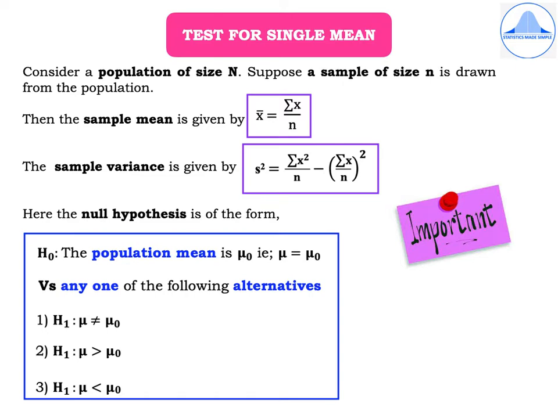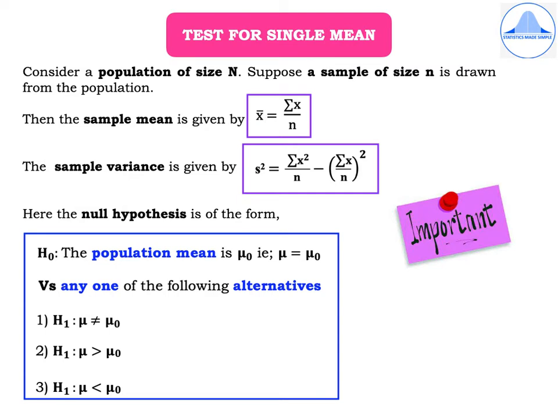Based on the problem, we will replace mu naught by the value which is given, versus any one of the following alternatives. So H1 can be mu not equal to mu naught. Second is H1: mu is greater than mu naught, and third is H1: mu is less than mu naught. Please don't change the sequence of the alternative hypothesis.